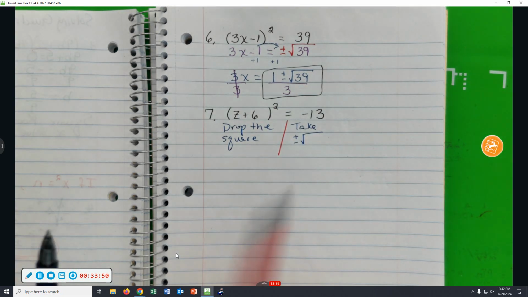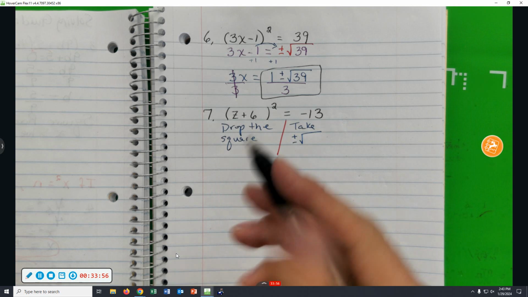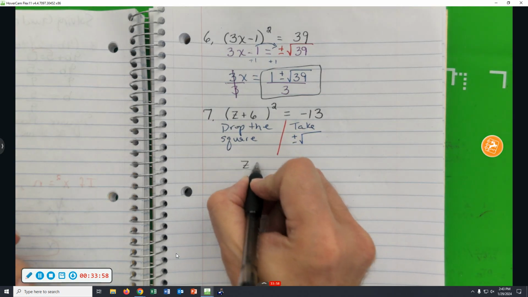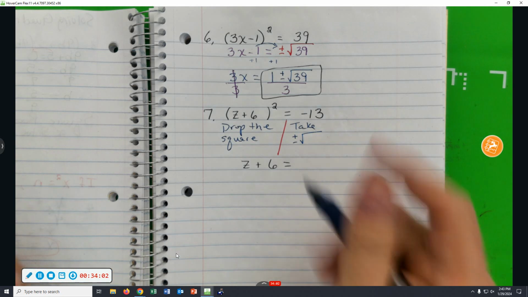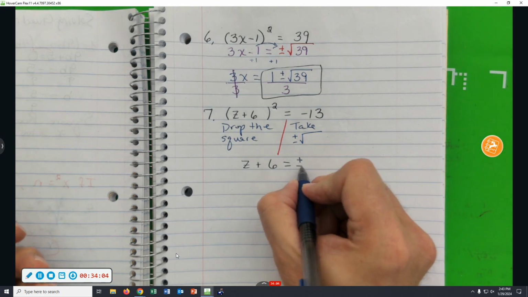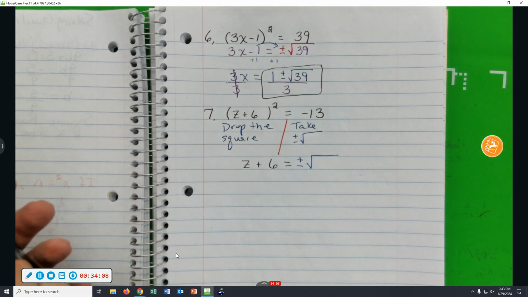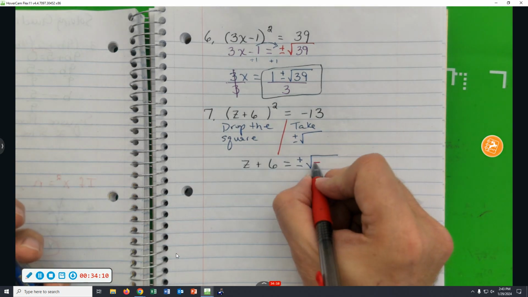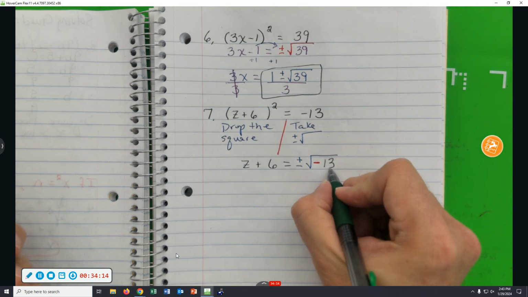So doing that, I'm dropping the square, so I just have z plus 6. Then I take the positive and negative square root of negative 13.